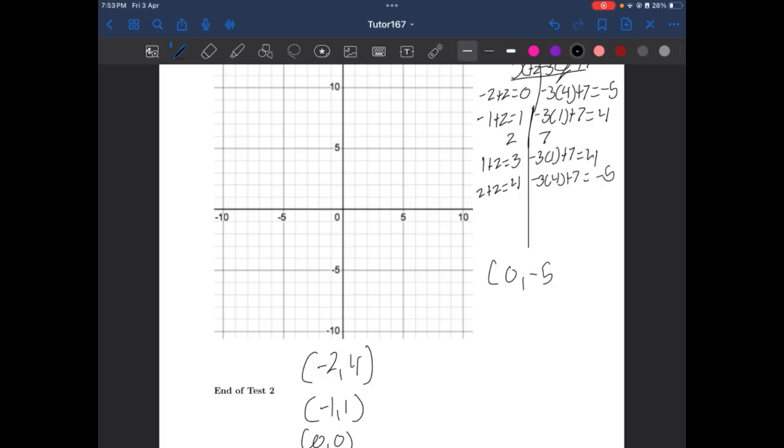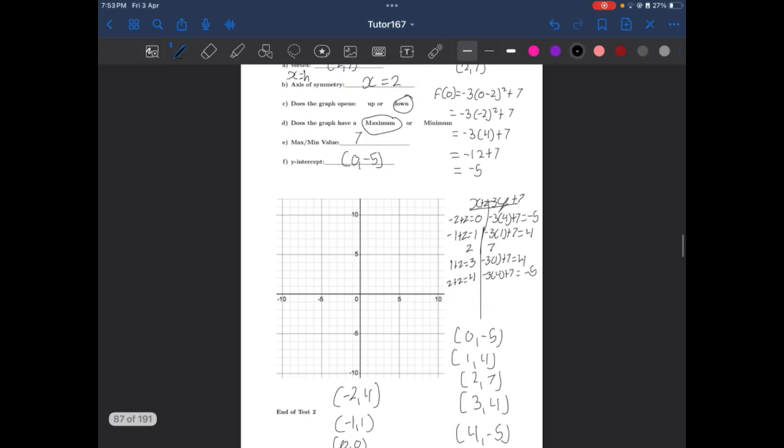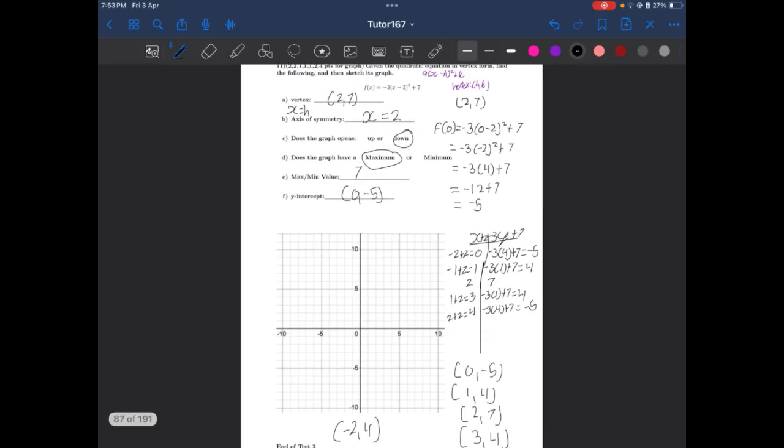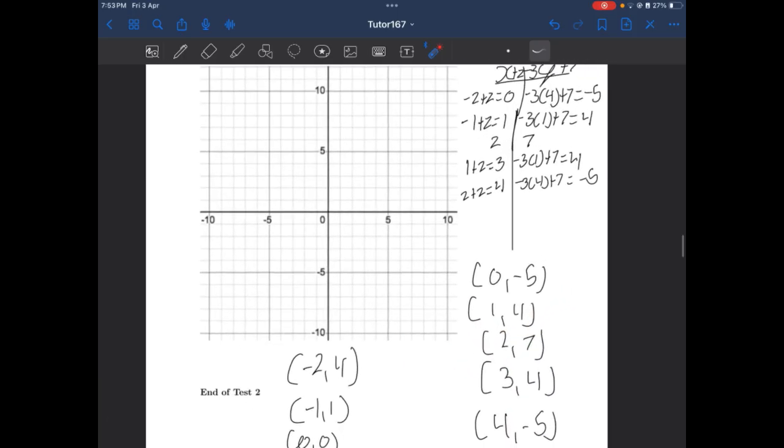So the first point is (0, negative 5), (1, 4), (2, 7), (3, 4), and then (4, negative 5). So we're just going to plot those points. Remember our vertex is (2, 7), I put it already here, so we just plot everything else.